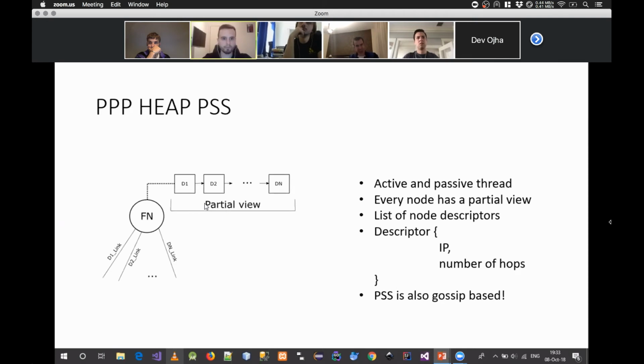And periodically, in the peer sampling service protocol, which uses an active thread for initiating communication and a passive thread for receiving information, nodes in the network will exchange information about their partial views. This will lead to nodes learning about one another, learning about IP addresses, and learning about other nodes in the network, and thus forming their peer subset in a wide area setting.